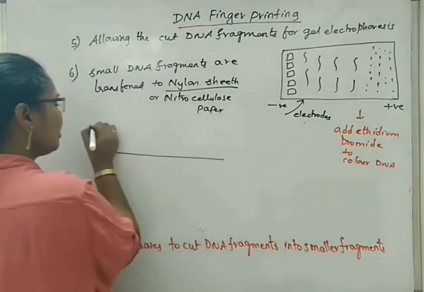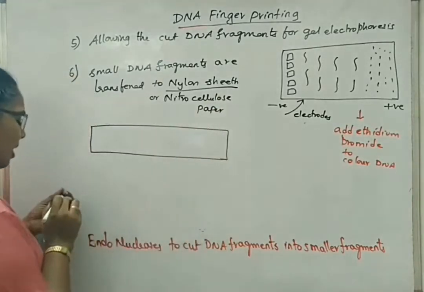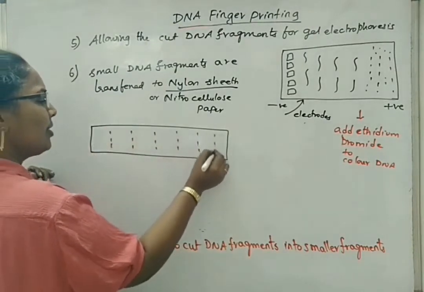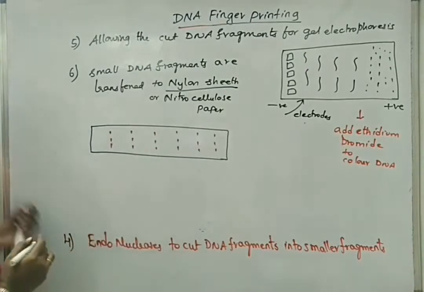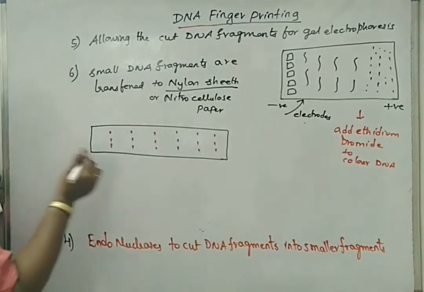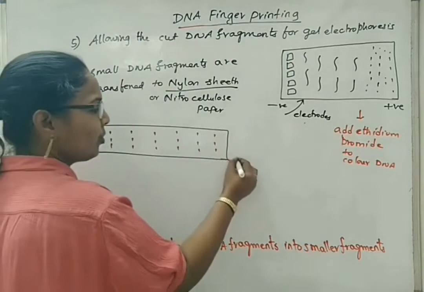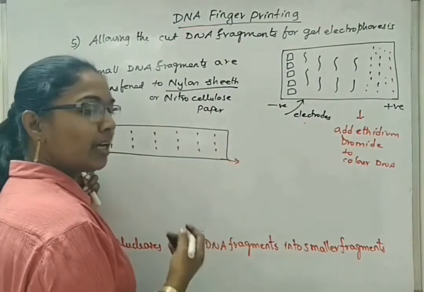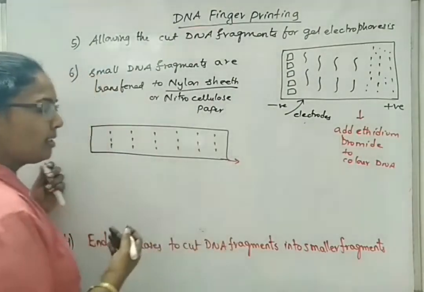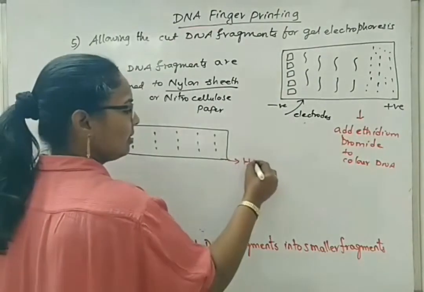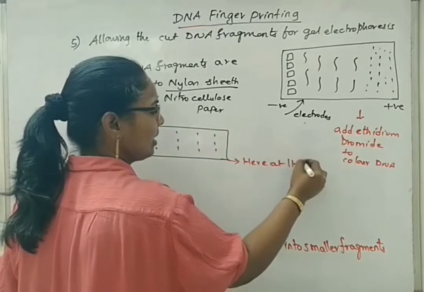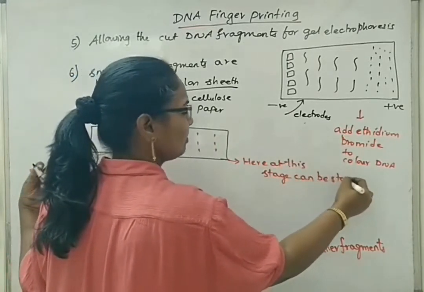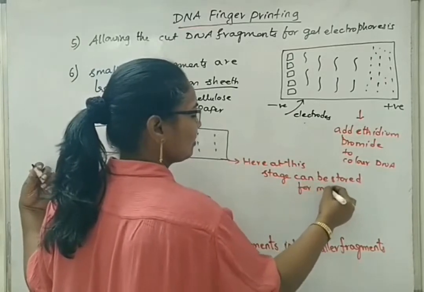So if this is a nitrocellulose paper, then the orange red colored small DNA fragments are allowed to disperse on the nylon sheet. Here at this stage, they can be stored for many years in the laboratory, which can be used even after a few years for the next tests.